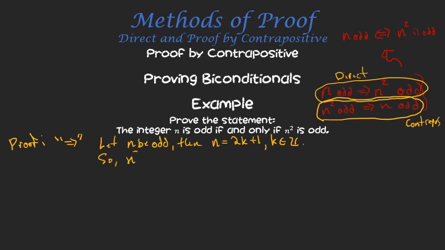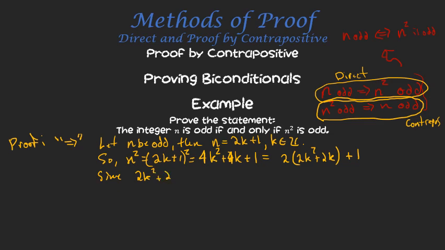So n squared would be (2k plus 1) squared, which is 4k squared plus 4k plus 1, which we know we can write as 2 times (2k squared plus 2k) plus 1. And since 2k squared plus 2k is an integer, n squared, which is equal to that, is odd. So that takes care of the forward direction.